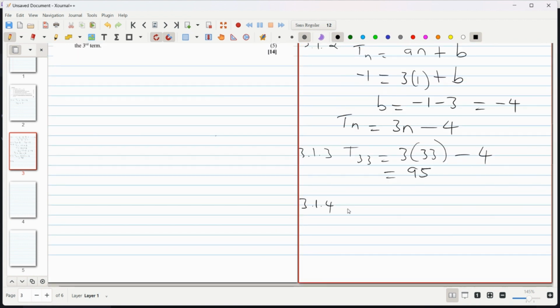So we want to know how many terms this sequence has. We know the general term, which is Tn equals 3n minus 4.